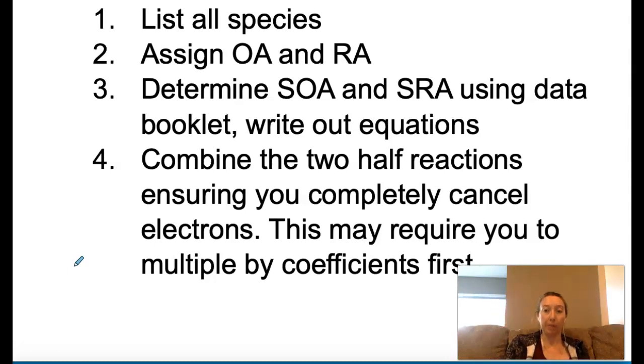So I'm going to look at my two half reactions. If they are not the same for electrons, I need to make them the same. And the reason I need to make them the same is if you think about net ionic equations, when you wrote them last year in Chem 20, we never had electrons in them. If we don't make them the same, we can't fully cancel them out. We need to make sure that we can cancel out all of those electrons.